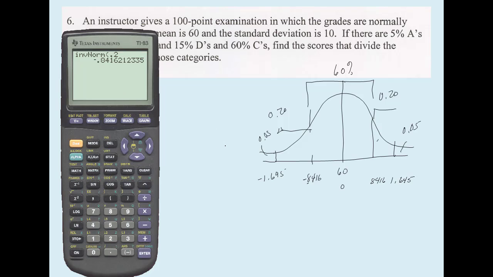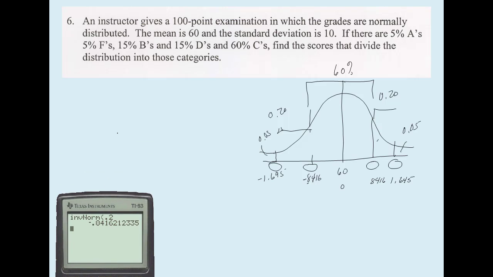Okay, so I need those cut scores. So I want to find these scores as we go, right? Once I find my standard deviation, I can figure the rest of it out. So here, I know that 1.645 is equal to x minus 60 divided by 10. So 10 times 1.645 plus 60 is equal to x.